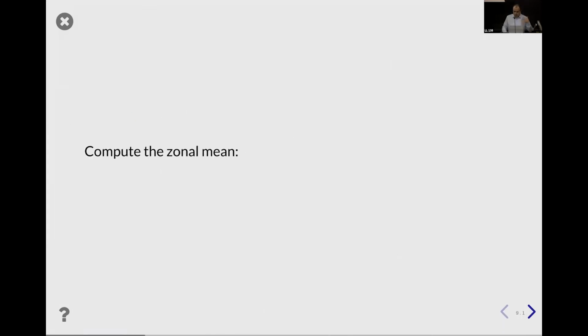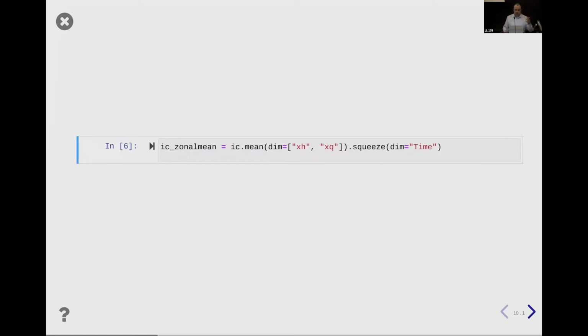To make it a little easier to visualize, I'm just going to compute a zonal mean of my zonal velocity, and plot that onto a layer versus latitude plot.